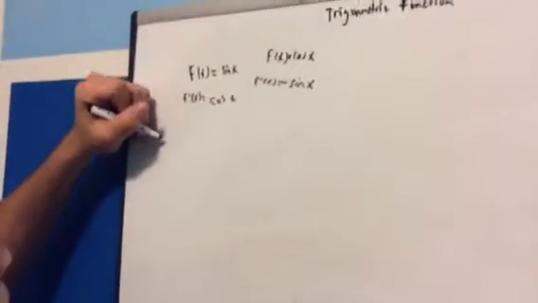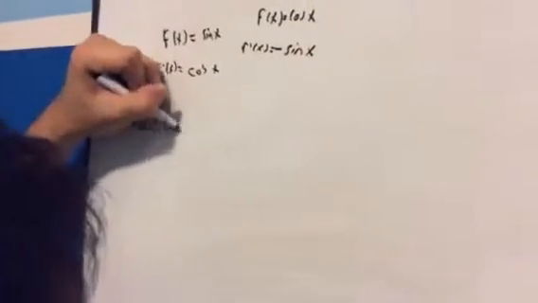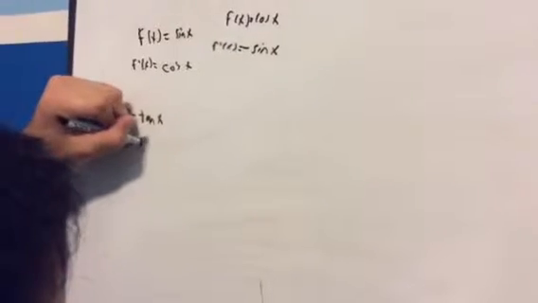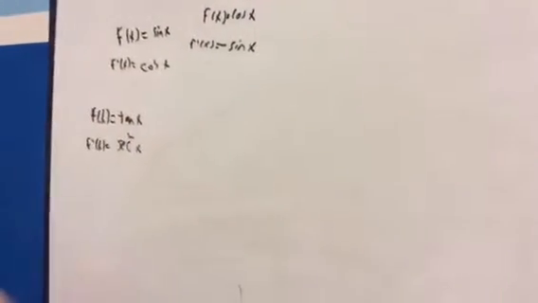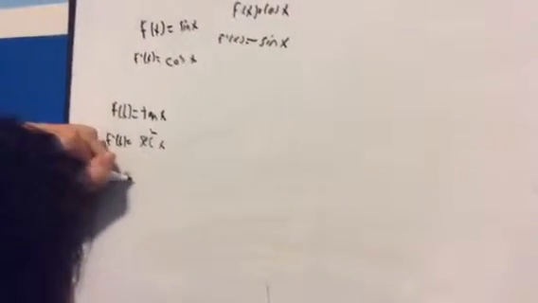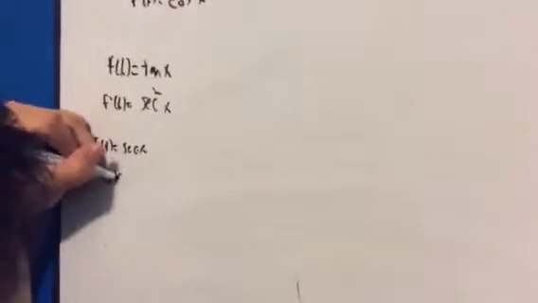And there's a couple of other ones. For the function tangent x, the derivative is going to be secant squared x. And for the function secant of x, the derivative of secant of x is going to be secant x tangent x.